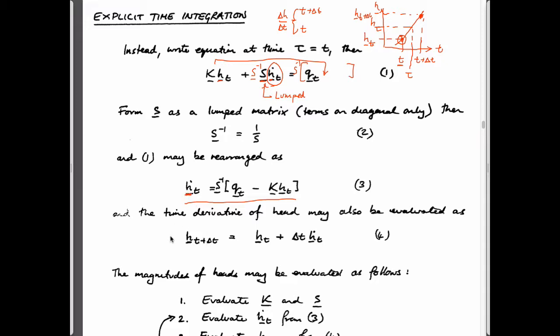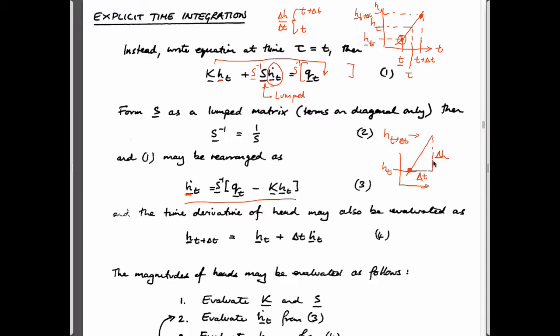And then what we want to do is figure out exactly what the magnitude of this rate of change of head is. And the rate of change of head we could write in graphical form, obviously. If you go back to this, this is h at t. So the head at ht plus delta t is just equal to this magnitude plus this gradient, this delta h. And so this is by definition the gradient.